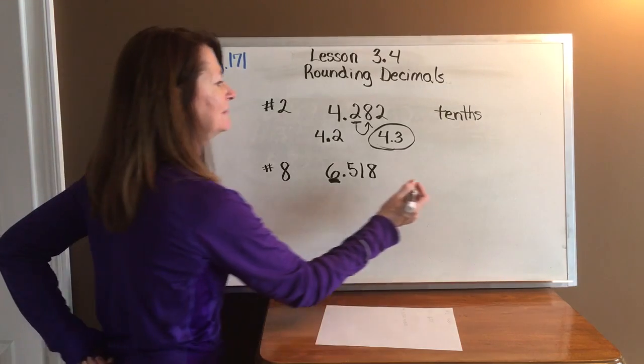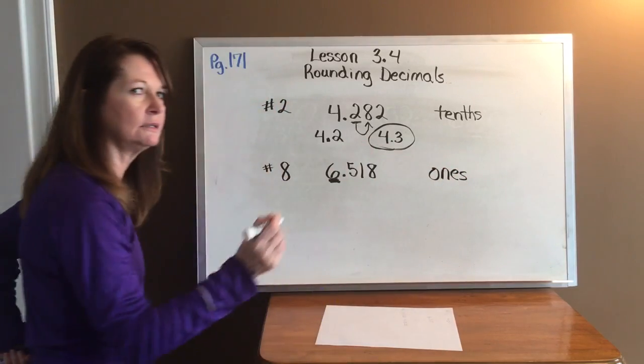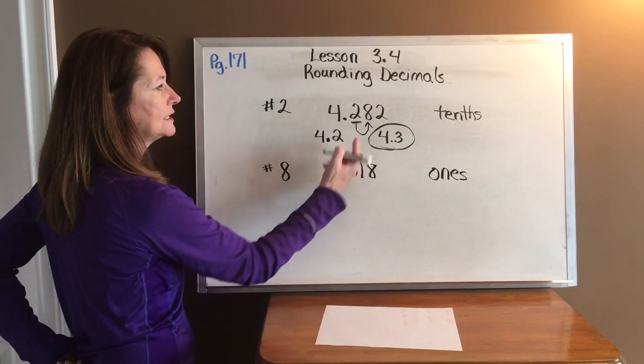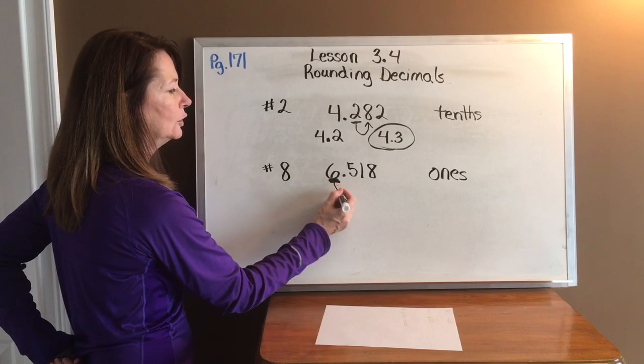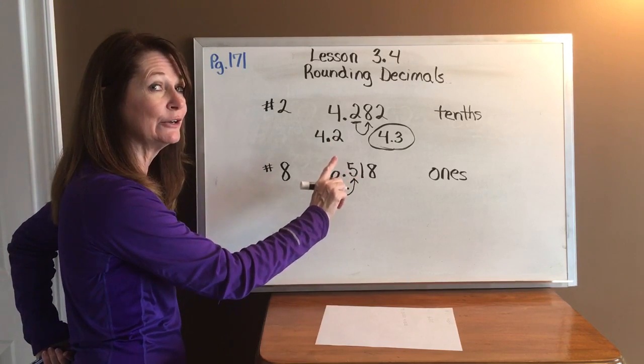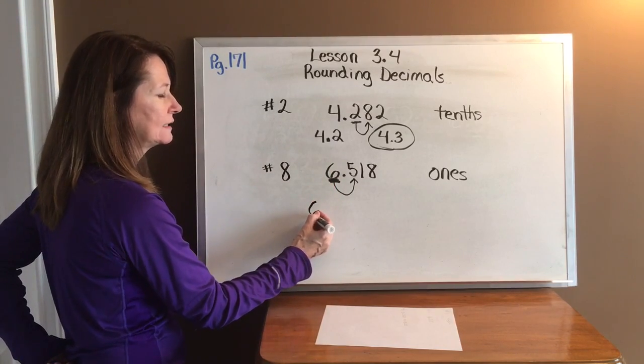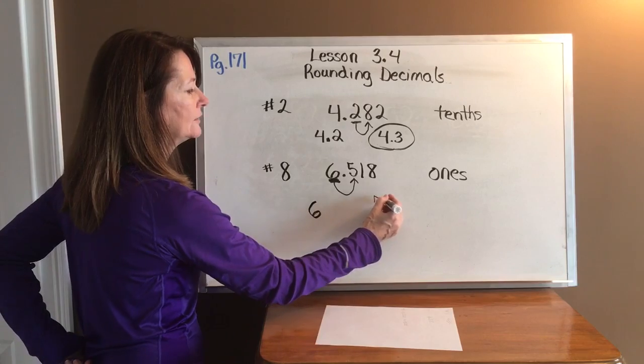Ones place. You're right, ones. It's the ones place. So we're going to be rounding to the ones place. So just as before, look next door, 5 or greater, add one more. In this case, the answer is either going to be 6 or 7.